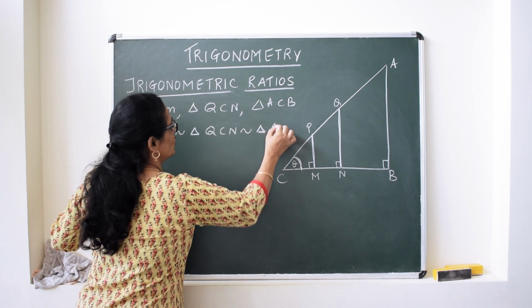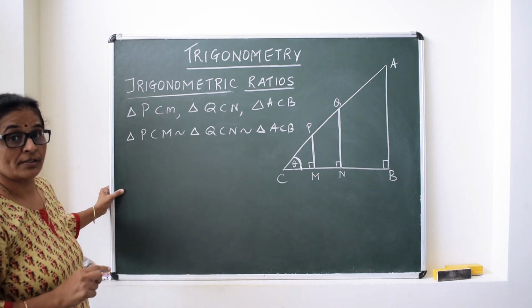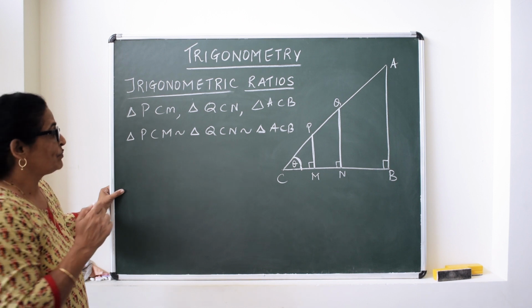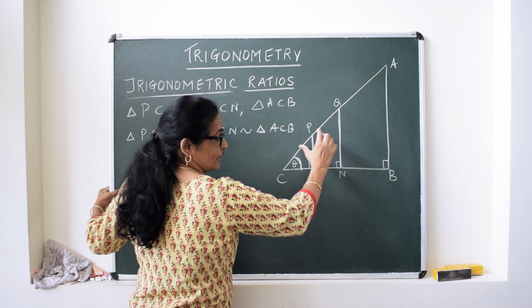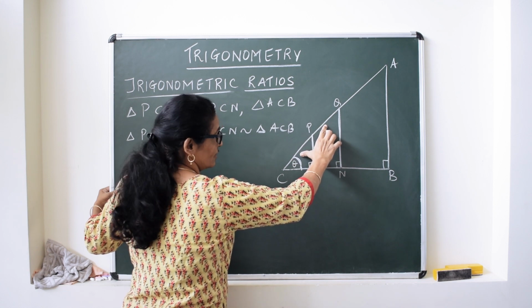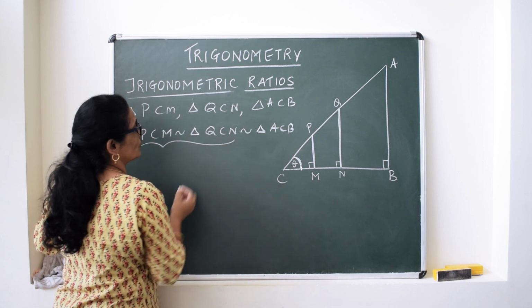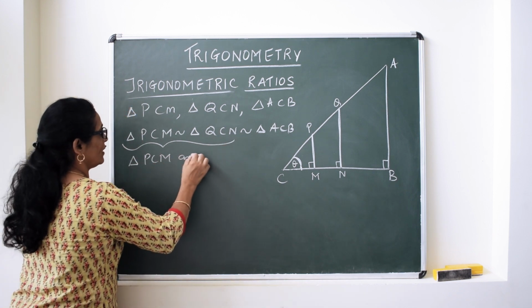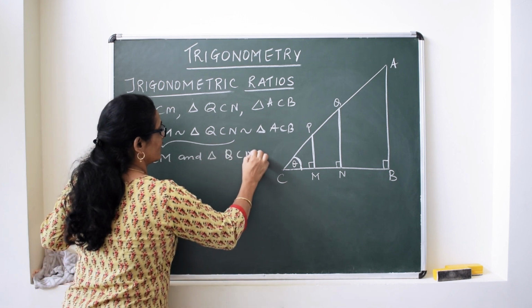And we know that when the triangles are similar, the ratios of the corresponding sides will also be equal. So just see one triangle, its corresponding sides with the other triangle we will look and then we will find the ratio. So let's see these first two triangles, triangle PCM and triangle QCN.